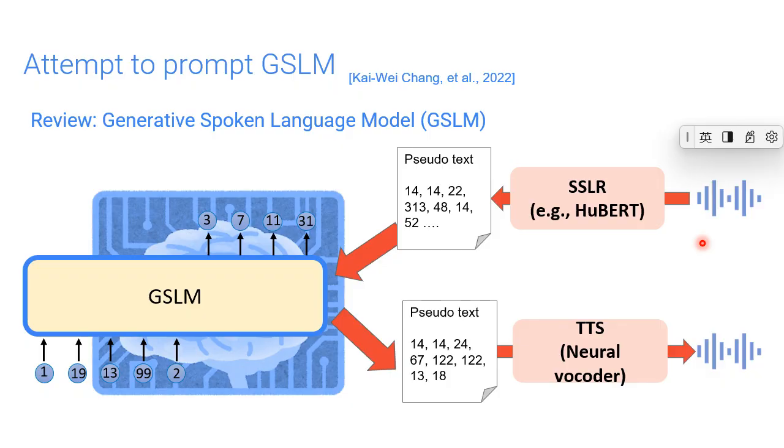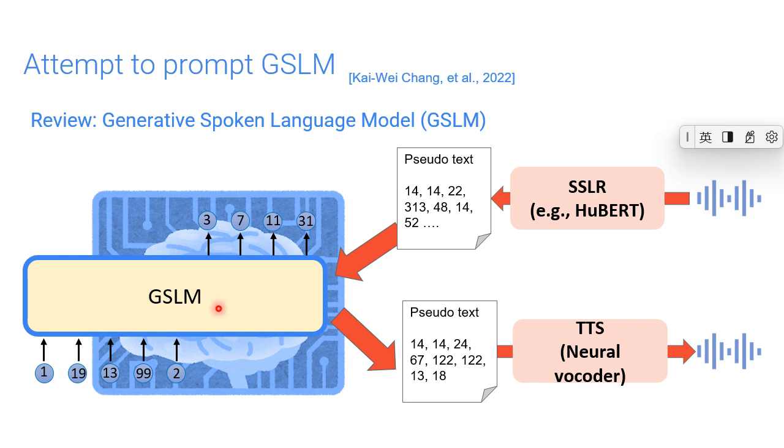In self-supervised speech learning, there is an attempt to prompt GSLM, the Generative Spoken Language Model. So it is possible to prompt GSLM to make GSLM solve different speech processing tasks. We have introduced GSLM in the previous part.